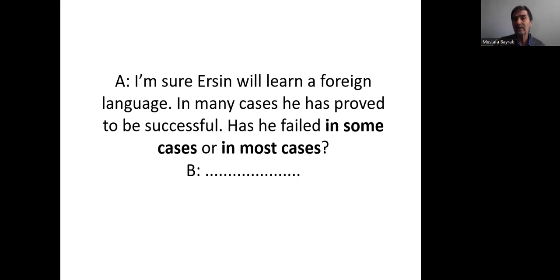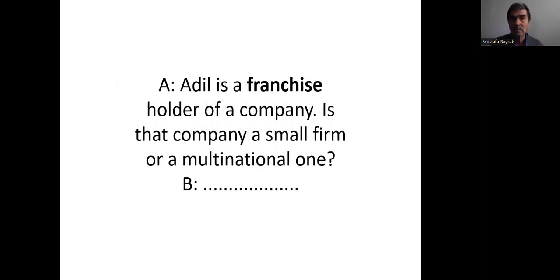Unfortunately, he has failed in some cases, not in most cases, but in some cases. In many cases, he has proved to be successful. Adil is a franchise holder of a company. Is that company a small firm or a multinational one? That company is a multinational one.